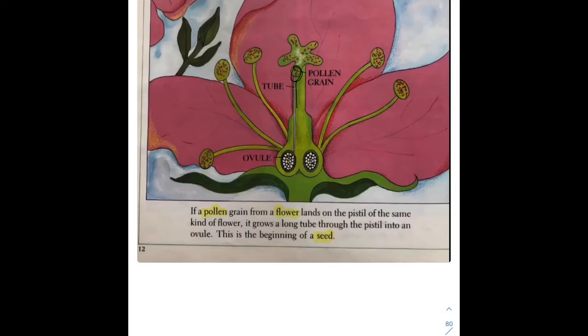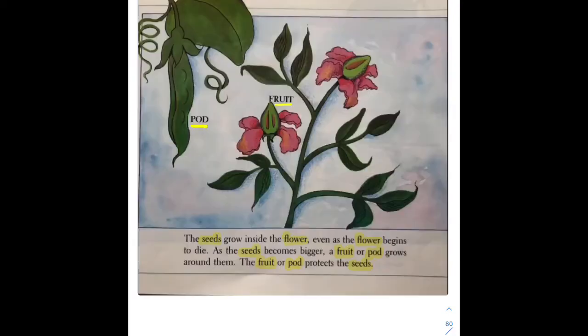It grows a long tube. See that? That long tube all the way down to the little ovules. Think about ovules as little baby seeds waiting to happen. And when that little baby seed waiting to happen gets that pollen grain, poof, you have a seed about to begin to grow in that flower.